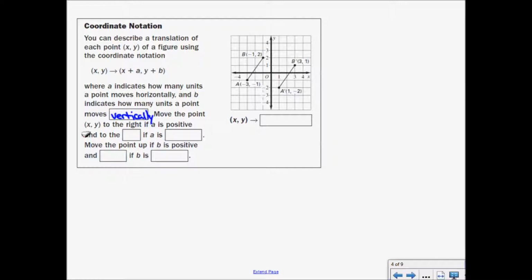Move the point x, y to the right if a is positive, and to the left if a is negative. Move the point up if b is positive, and down if b is negative.